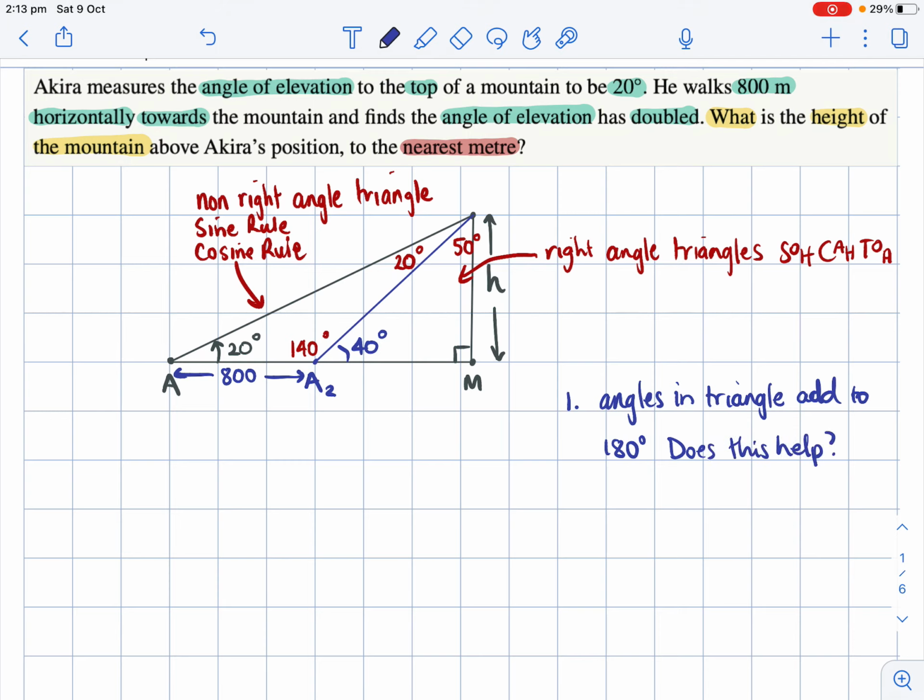And it might not, because we're just analysing the question. Number 2, straight angles equal 180 degrees. Does this help? And in my head, when I spotted that second angle, I've actually just worked out how I'm going to do this problem.